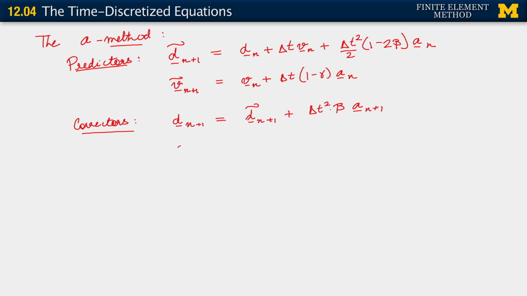And the corrector for v is this one, right? These are the correctors. And what I've done now is write the corrector step for both of them.